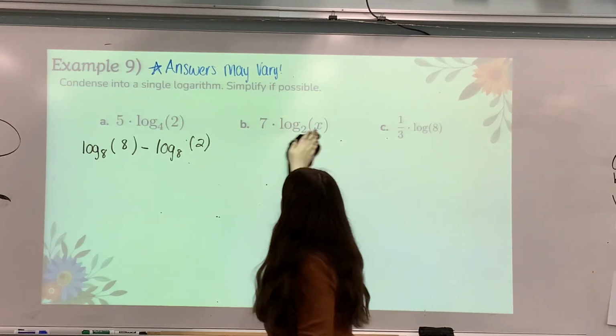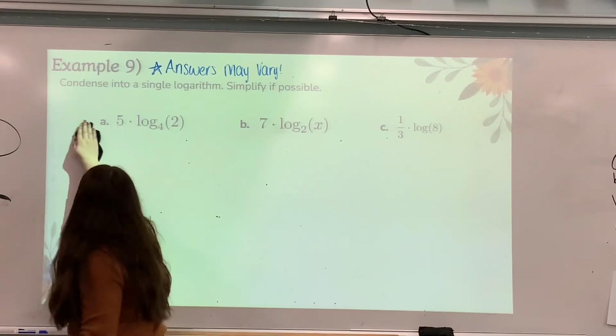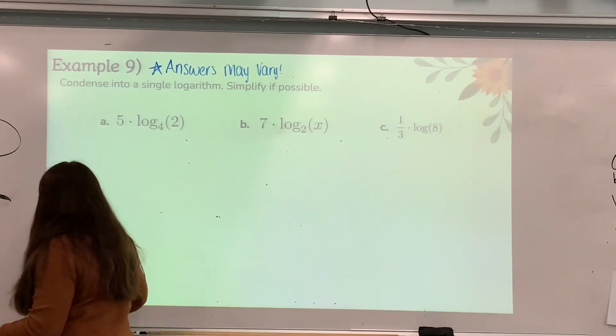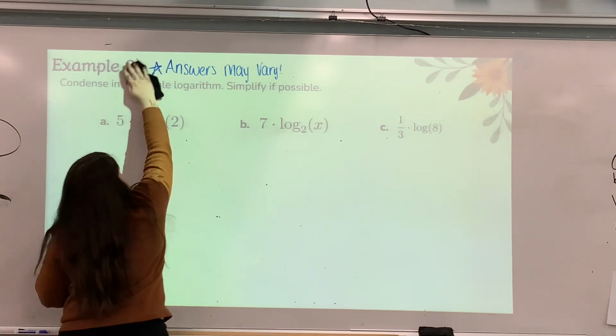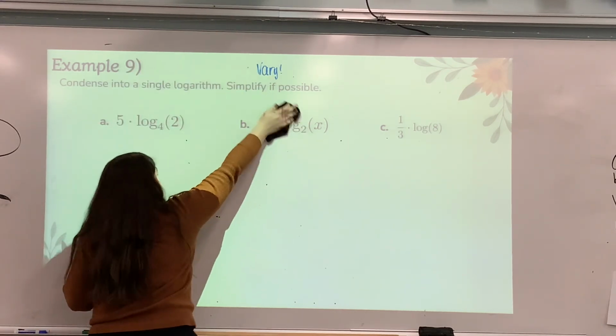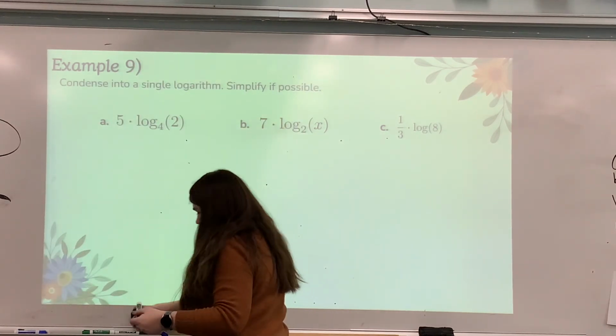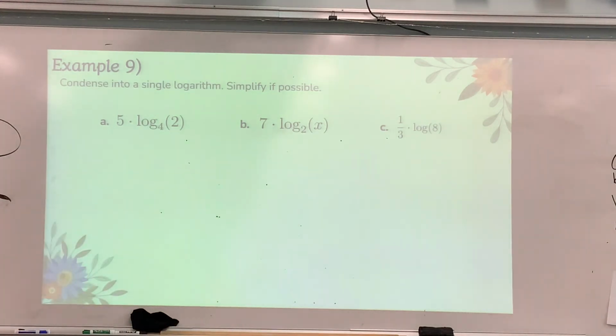All right, example 9. We're going to condense into a single logarithm and then simplify if possible. I'm going to get rid of the answers may vary thing now. All right, so looking at option A here, we have 5 times log base 4 of 2.